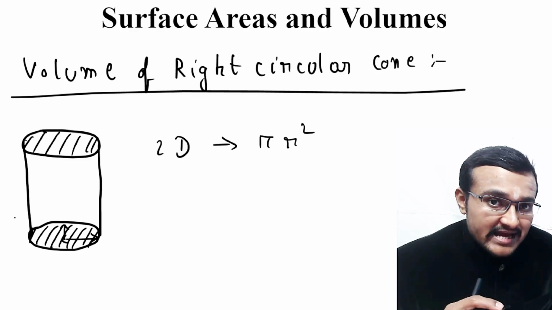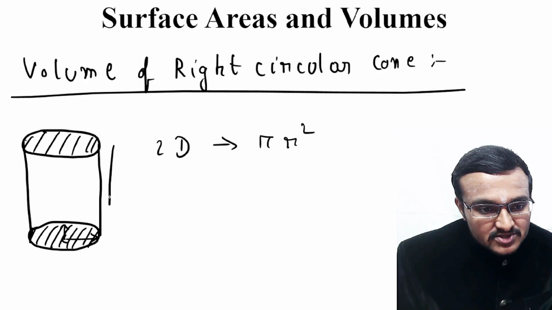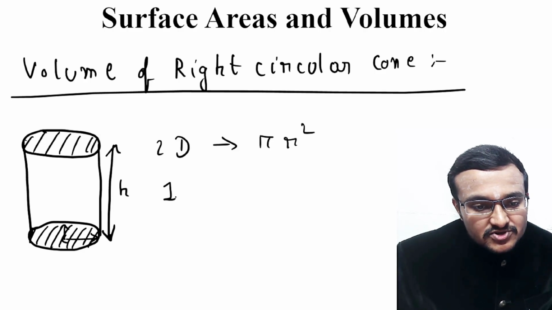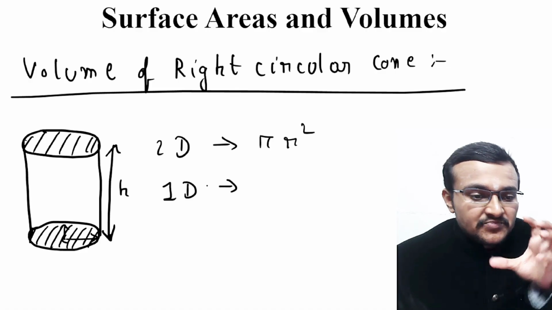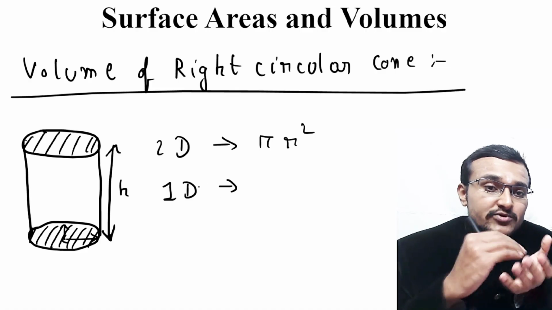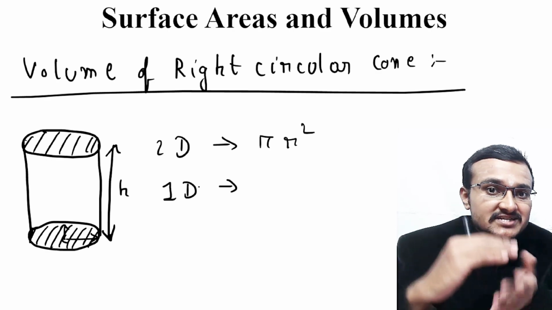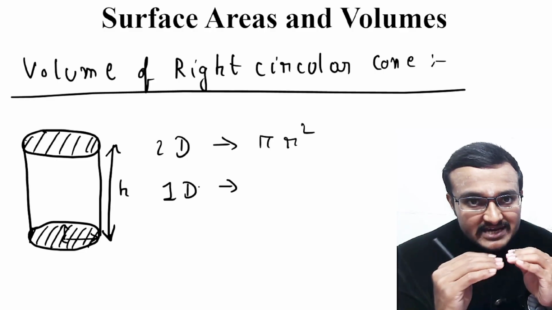Now there is one more dimension in this cylinder, that is the height of the cylinder. Because a cylinder is a three-dimensional object, two dimensions are accounted for by the circular shape, and the area of that circular shape is pi r square.